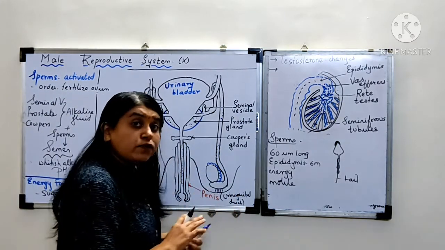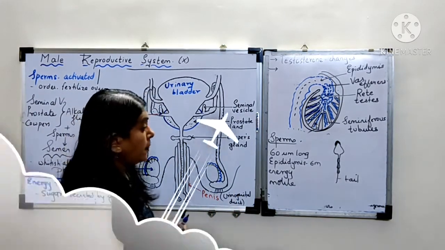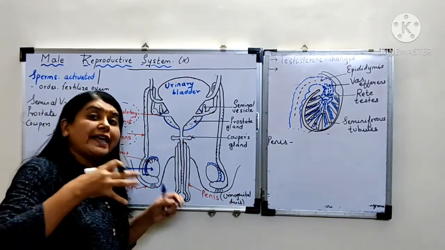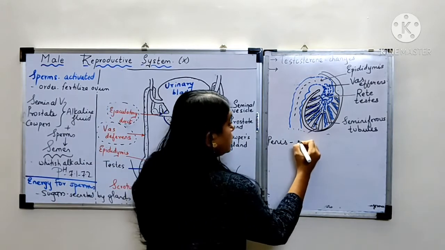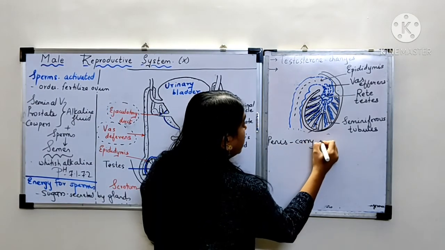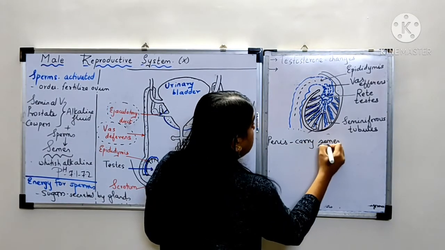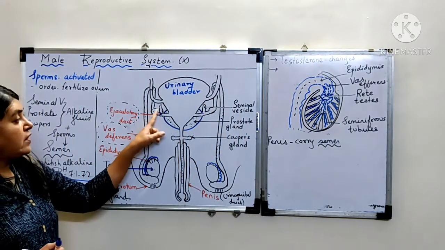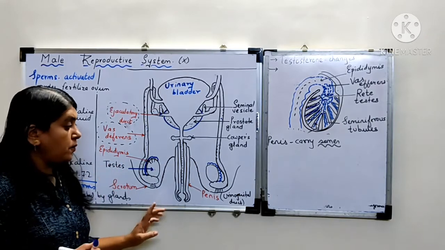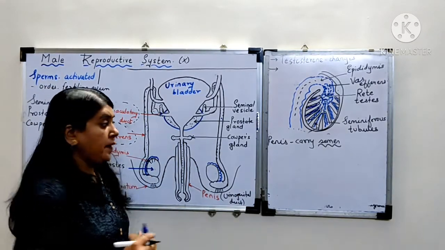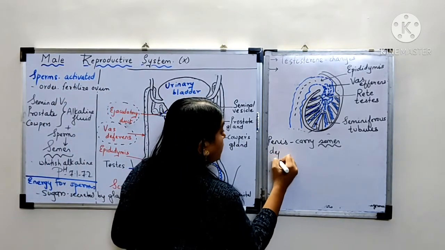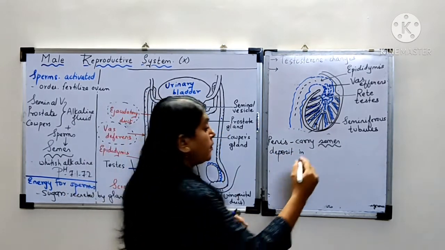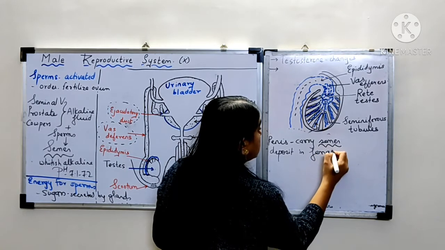Now let us see what the function of the penis is. Penis is going to carry the semen. What is semen? It is a secretion of all these three glands as well as the sperms. So it is going to carry the semen and deposit it in the female reproductive tract.